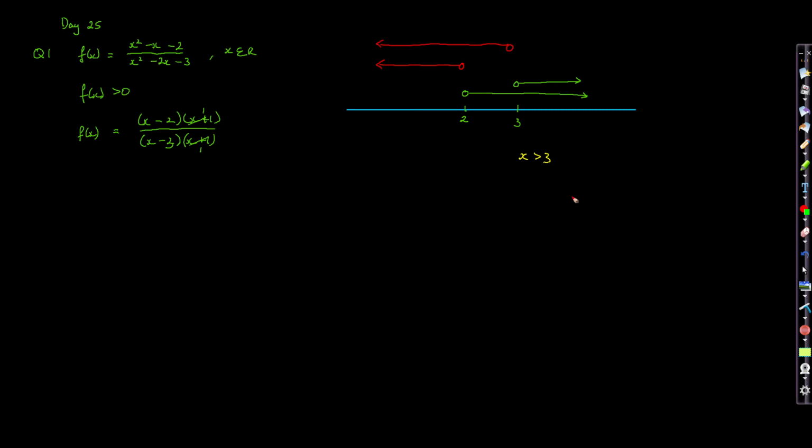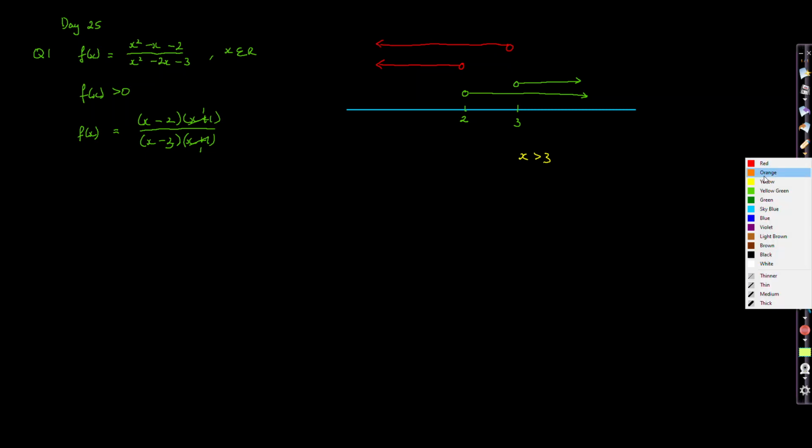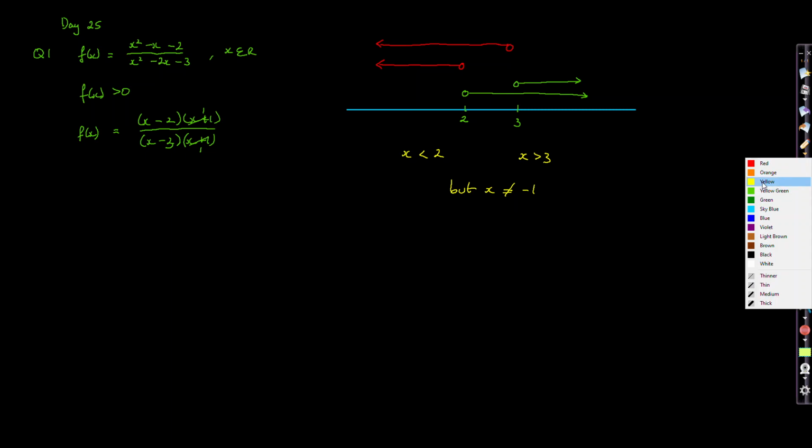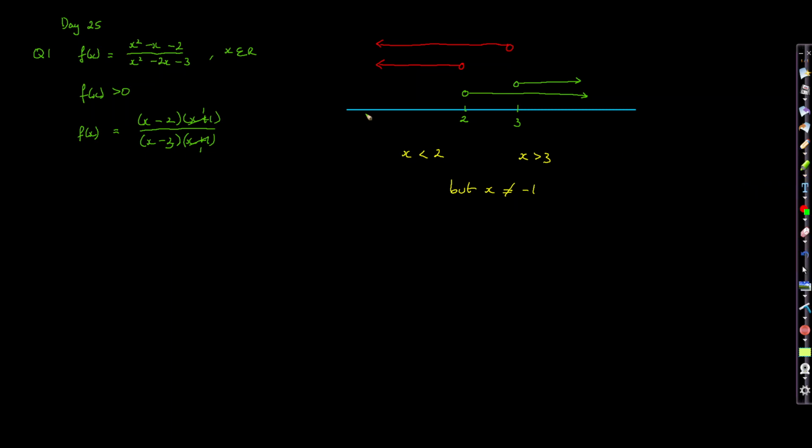Once again, I want the regions when both the top and bottom are negative. So that would be when x is less than 2. But let's not forget that x cannot equal negative 1. How would I show that on a number line? Let's go back to that green, negative 1, let's say here.